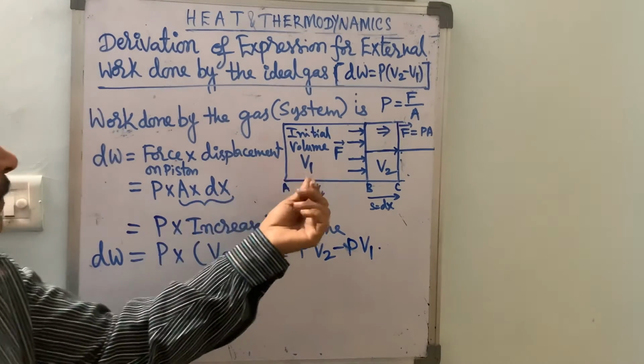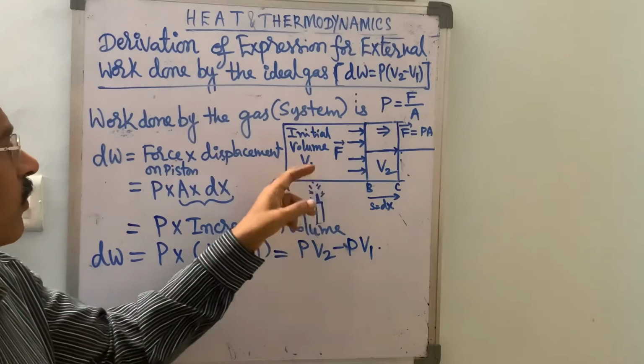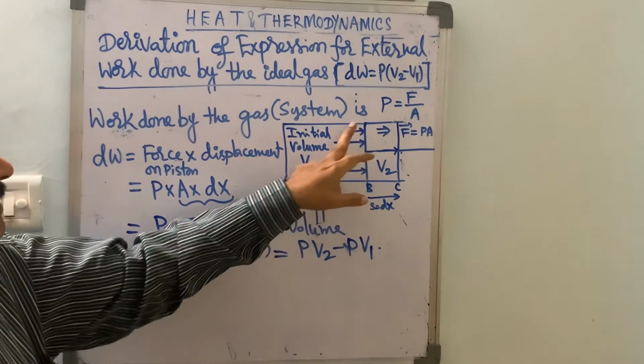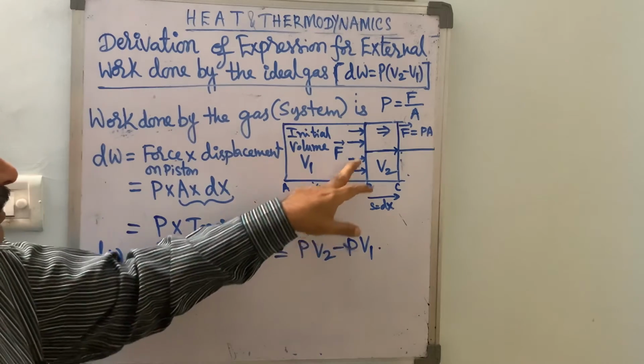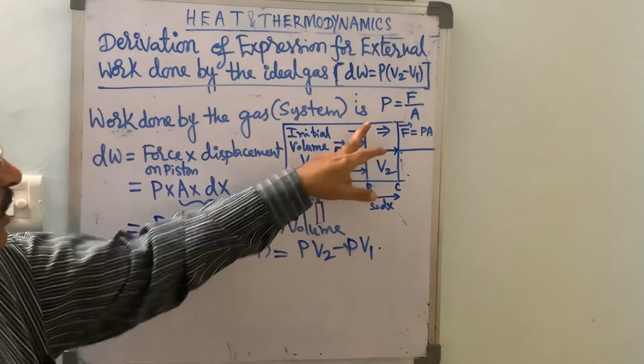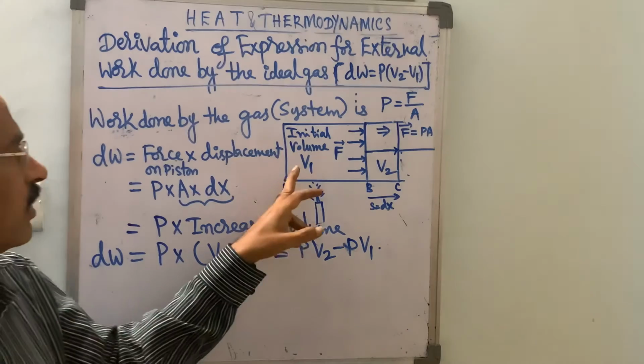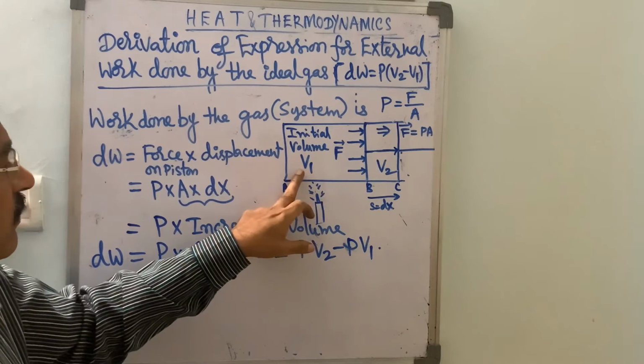So, consider 1 gram molecule ideal gas enclosed in the non-conducting cylinder, which is at constant pressure P and having initial volume V1.